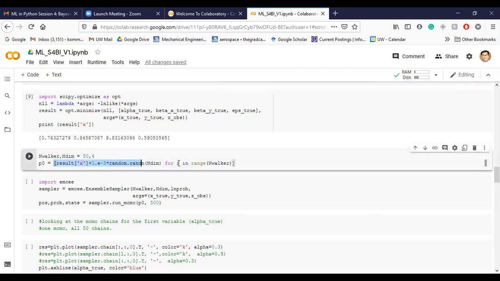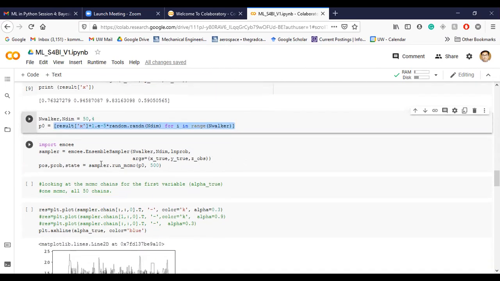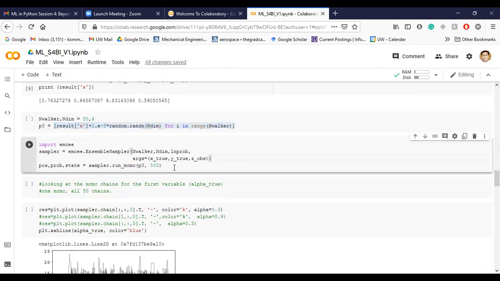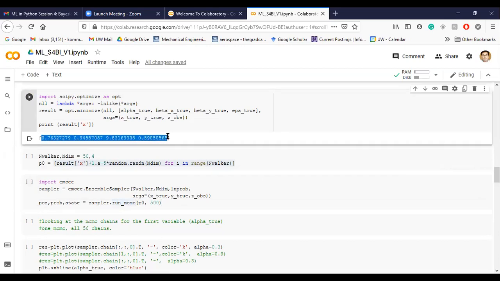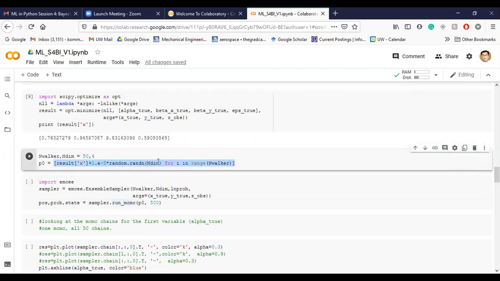Based on these, we are initializing the initial states for the Markov chains, and then I'm saying basically generate a Markov chain which has a length of 500, starting from these initial points. These initial points are basically these points, but with some random variation.